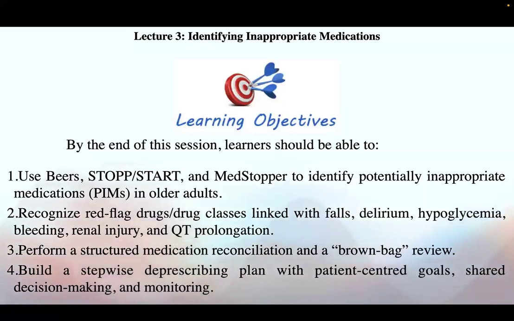Second, you should be able to recognize the red flag drugs, which are dangerous. These combinations are dangerous in older adults, and in some conditions which cannot go simultaneously. This should be known and recognized by you. You should be able to understand drug classes linked with falls, delirium, hypoglycemia, bleeding, renal injury, and QT prolongation.